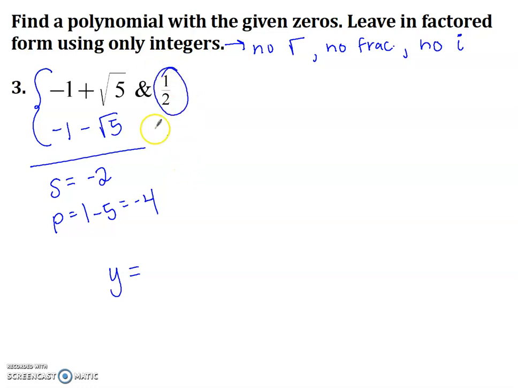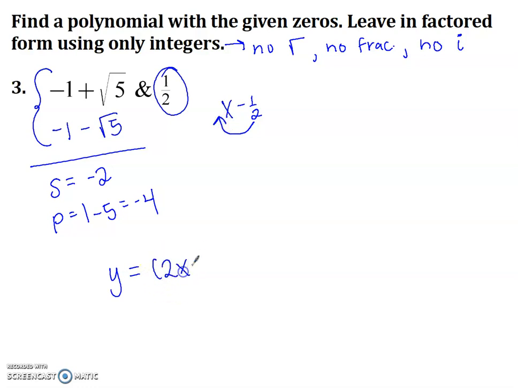So to write the polynomial, I'm going to do y equals, I'm going to put this one first, because this one's going to be linear. I know that this one is going to give me a quadratic from the x squared minus the sum plus the product. This one right here is just going to be an x minus 1/2, but we can't have fractions. So when your zero has a fraction, the denominator moves in front.